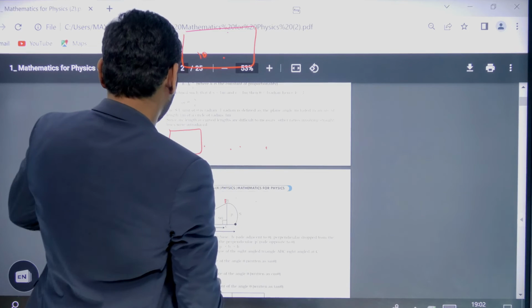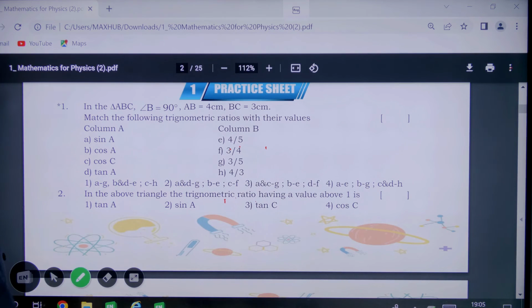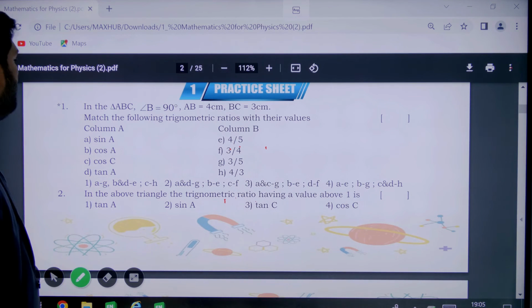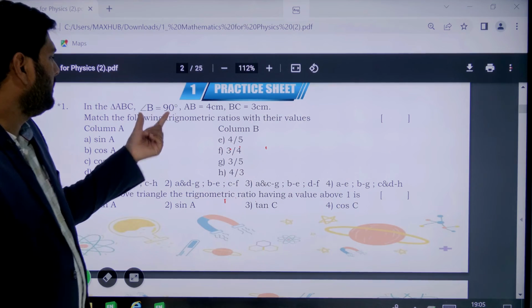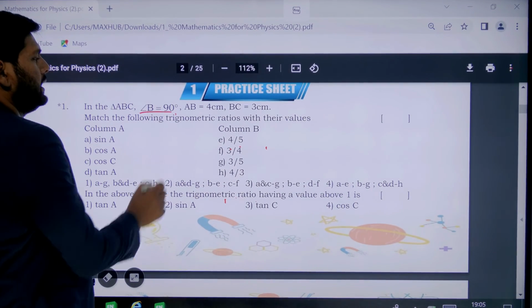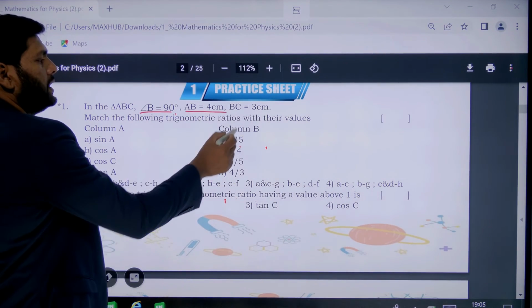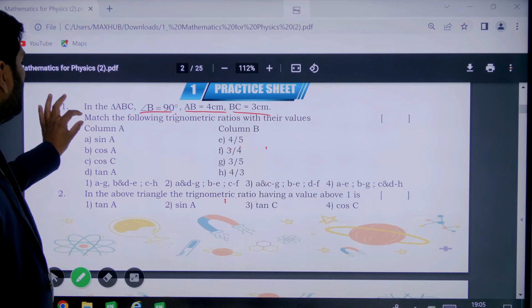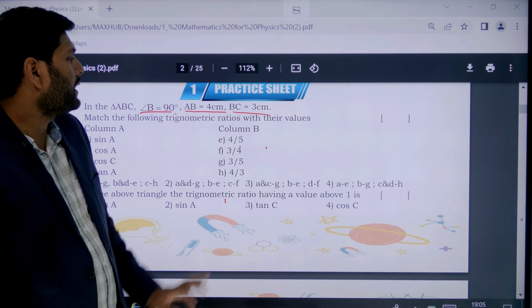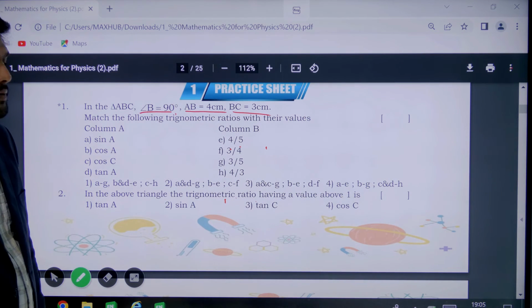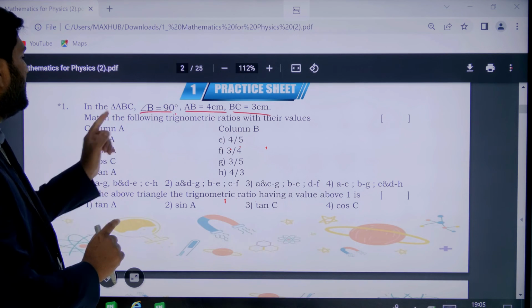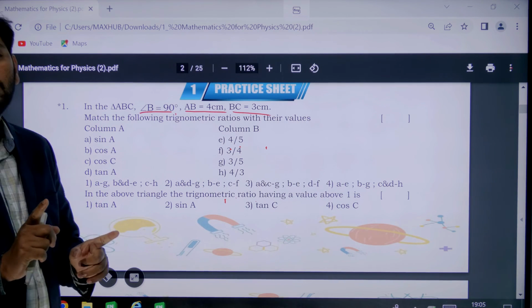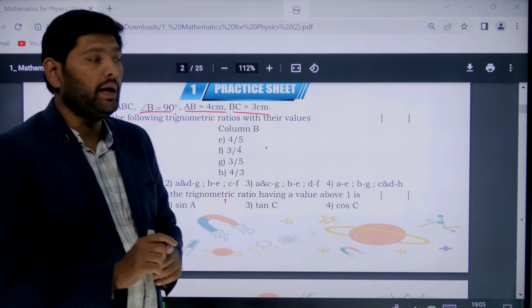So here the questions are. Now look at this question here. In triangle ABC, angle B is 90 degrees, AB is 4 centimeter, BC is 3 centimeter. Then they're asking to match the following trigonometric ratios with their values. First, by using the given parameters, you must draw the triangle first.